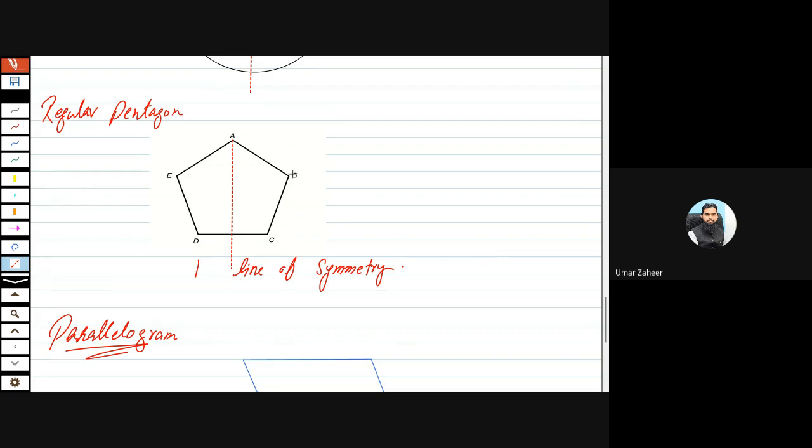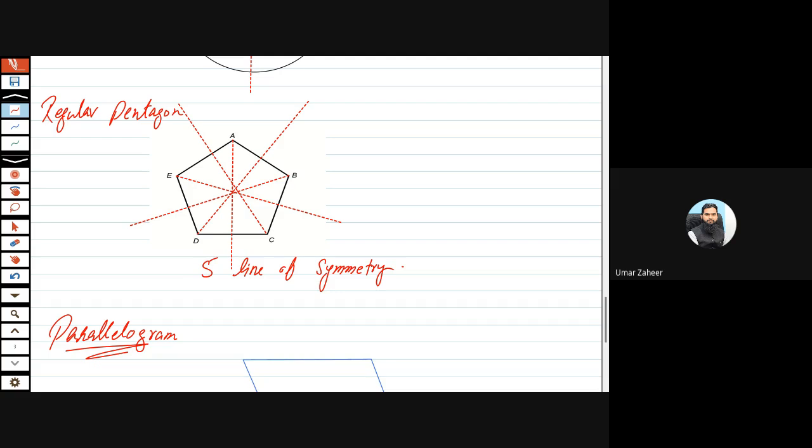You want to make a line here. Yes, sir. You have to make a line here, here, and here. Yes, sorry, you're right, like 5 lines, sir. We have 5 lines of symmetry in a regular pentagon. Yes, you're right.